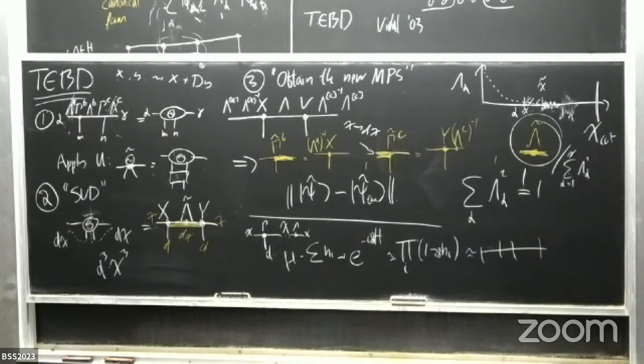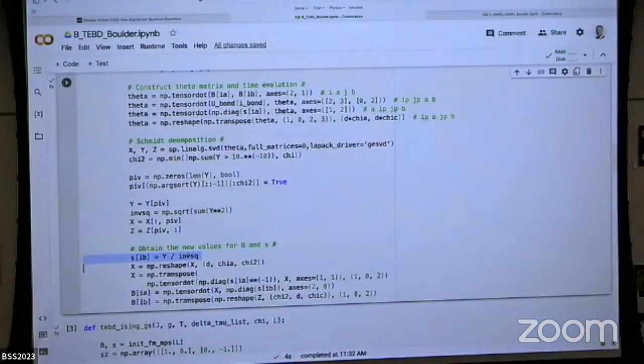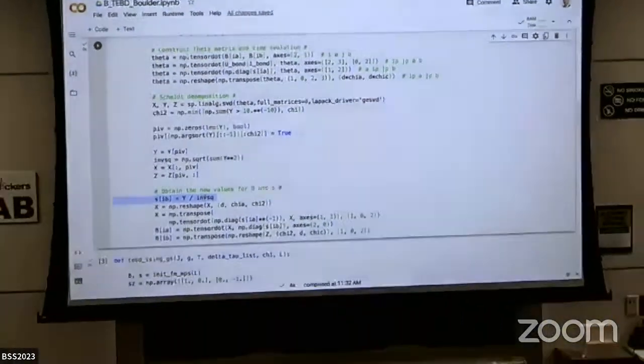So what I want to do next is explain the density matrix renormalization group method. And maybe just a quick historic note. The DMRG, or density matrix renormalization group method, was there before people connected it to matrix product states.